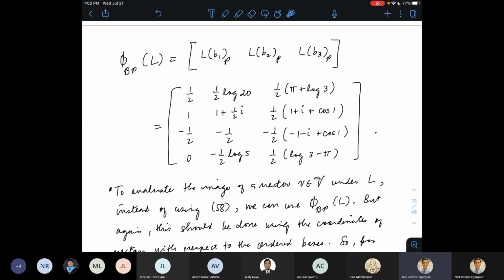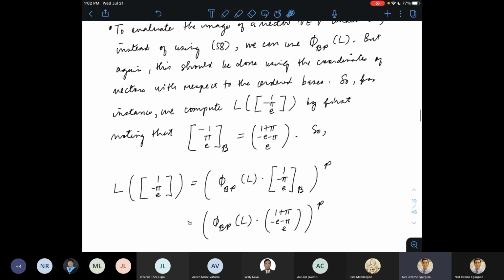All right, all good? Now we'll finish this example off by using the matrix representation, phi L, with respect to B, to evaluate the image of a vector V under the linear transformation. Okay. Now suppose we want to get the image of 1 negative pi e with respect to L. Of course, one route is to work with the definition of L, right?